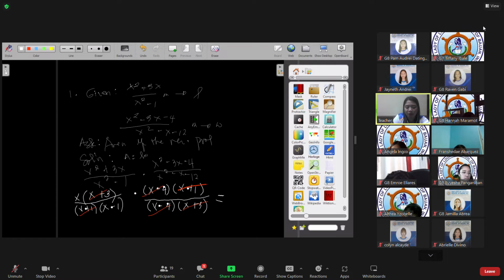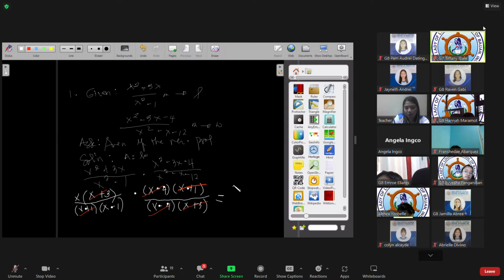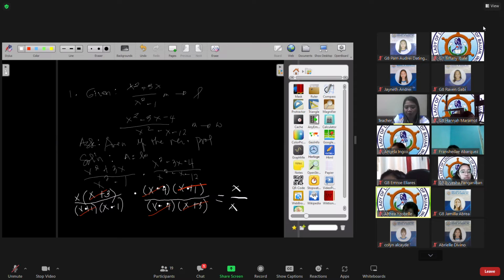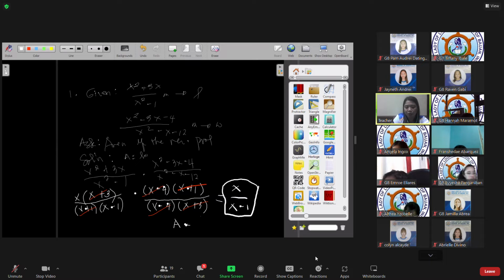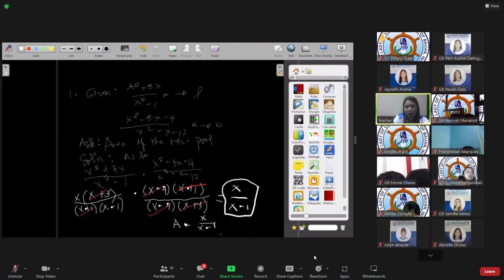What are the remaining factors? X over x minus 1. This is now your final answer. So the area is equal to x over x minus 1 meter squared.